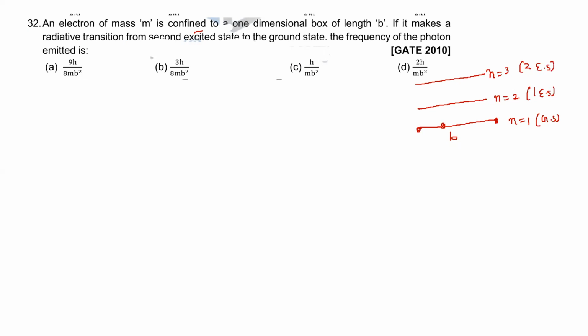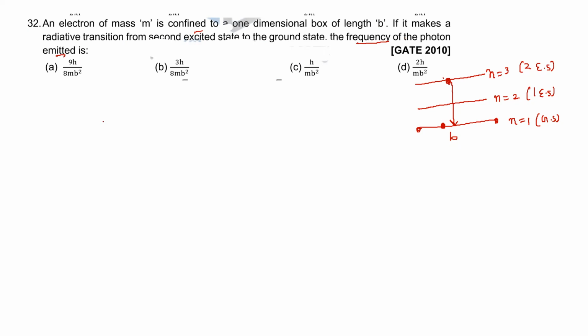So there is an electron which makes a radiative transition from the second excited state to the ground state. In this way, it makes a radiative emission from the higher state to the ground state. Then find the frequency of the photon emitted.